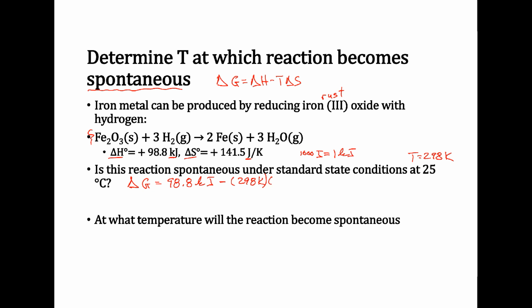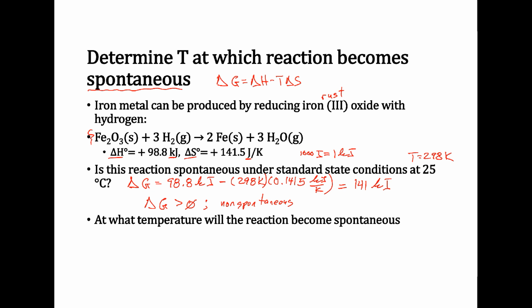So we'll end up with an entropy of 0.1415 kilojoules per Kelvin. And whenever we plug this in, we'll end up finding that delta G is 141 kilojoules. Well, if delta G is greater than 0, that means this is a non-spontaneous process.